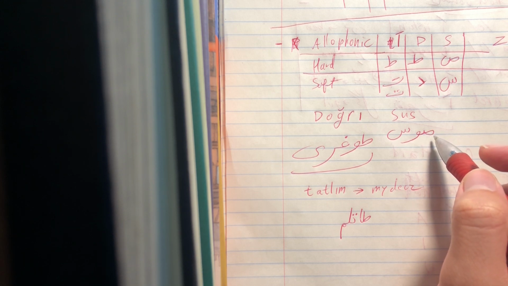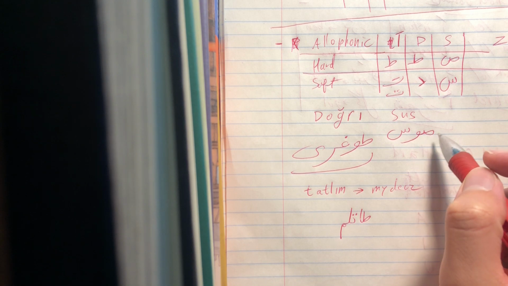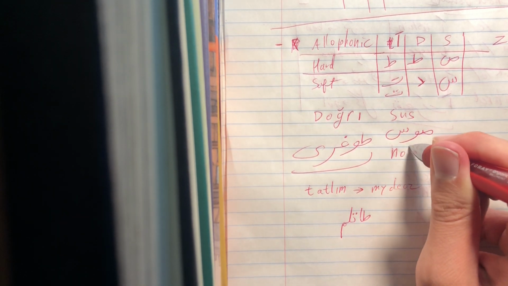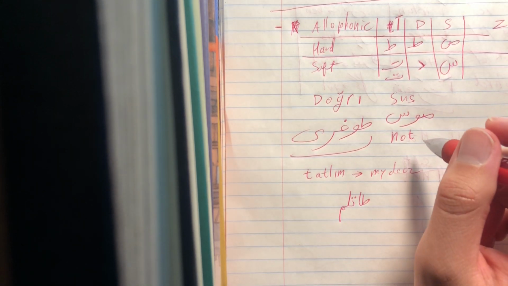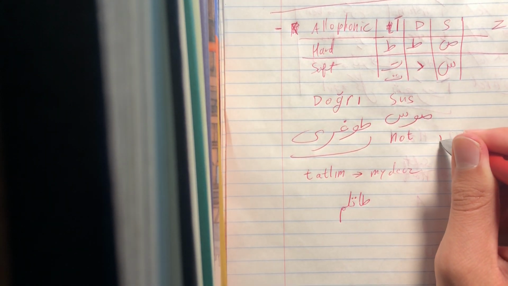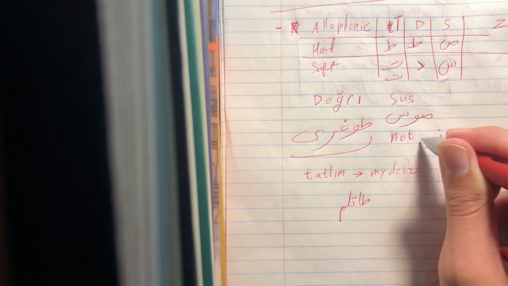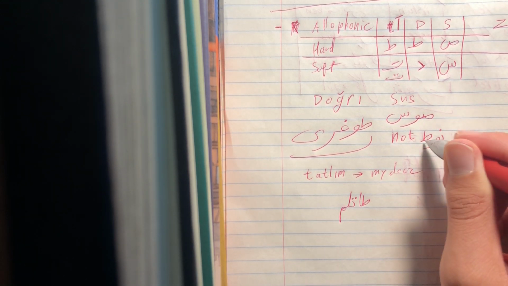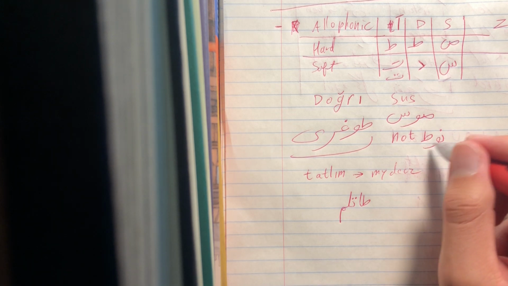And if you're outside of that position, things may get a little hairy. You have the word note. Now, this is not a Turkic word, to be clear. It's usually written like this. Note, nun, vav, t. This is an exception.